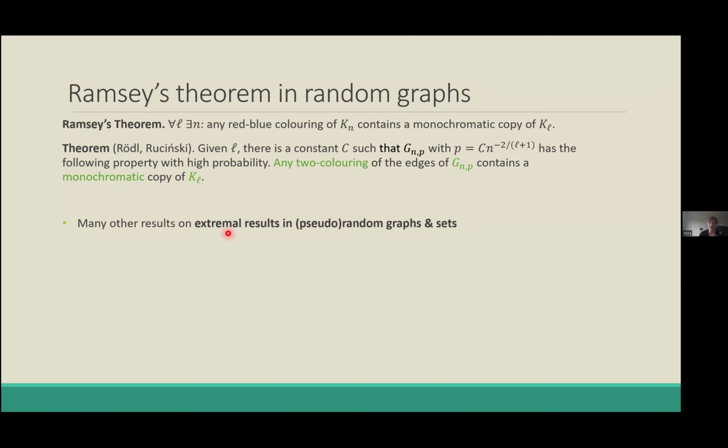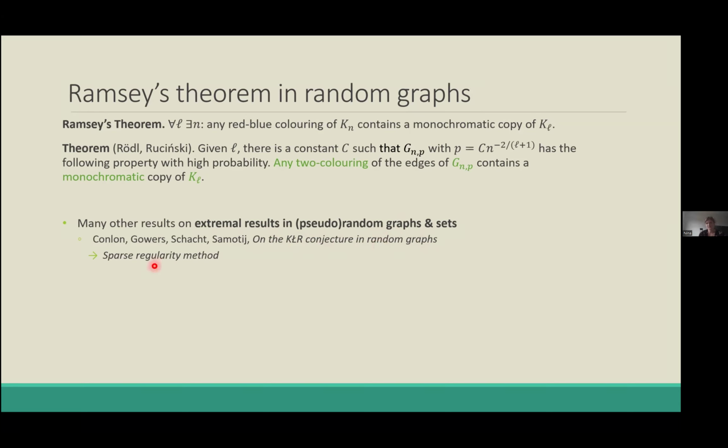First of all, on extremal results in graphs, people have done a lot of work on specific theorems. So there's Ramsey's theorem, Turán's theorem, removal lemmas, etc. And this kind of culminated in the proof of the KŁR conjecture. The KŁR conjecture allows you to use the sparse regularity method in this setting. The regularity method in dense graphs is very powerful and very well developed.